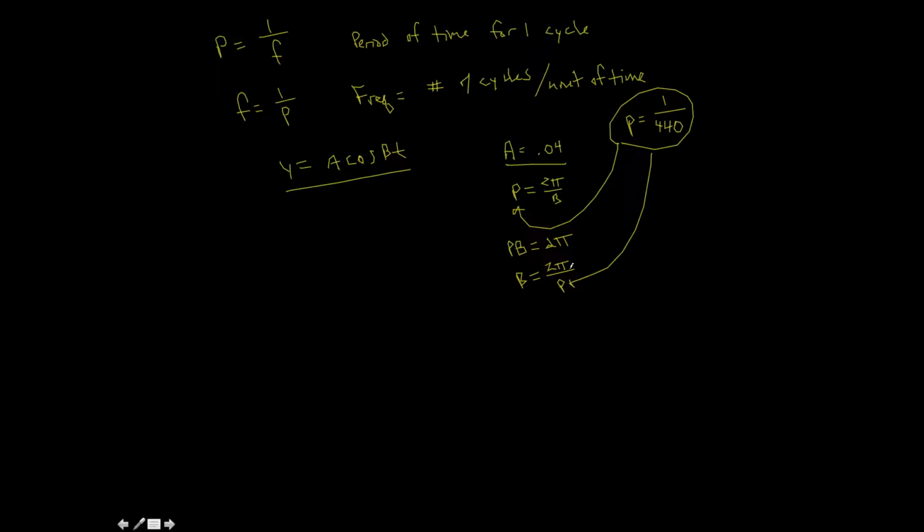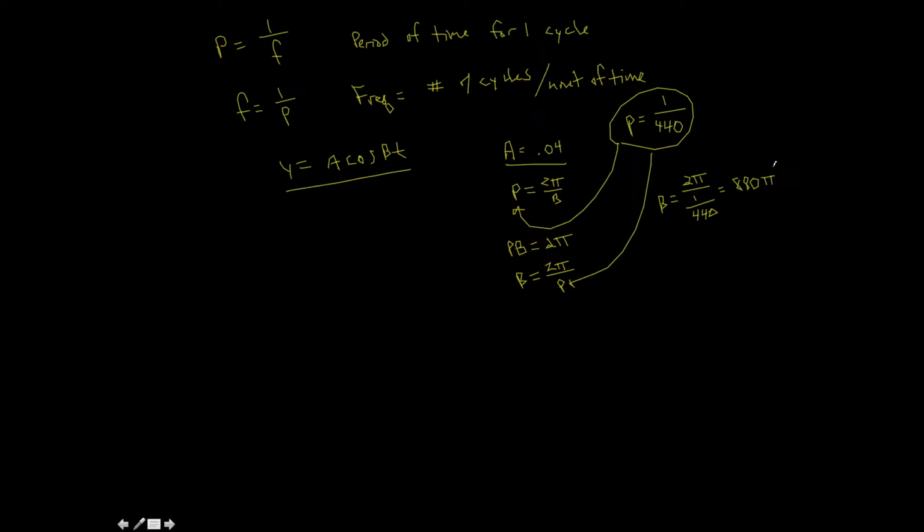So I need to take my P and plug it in right here. So 2 pi divided by 1 over 440. So B equals 2 pi divided by 1 over 440 hertz. Okay, hertz per second, I believe is what it said in our problem. Yes, hertz per second. Divide that out, and that's going to be 880 pi.